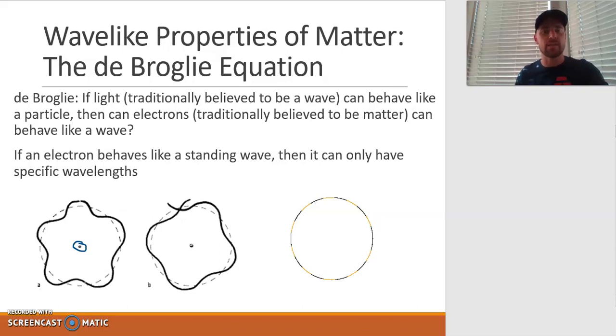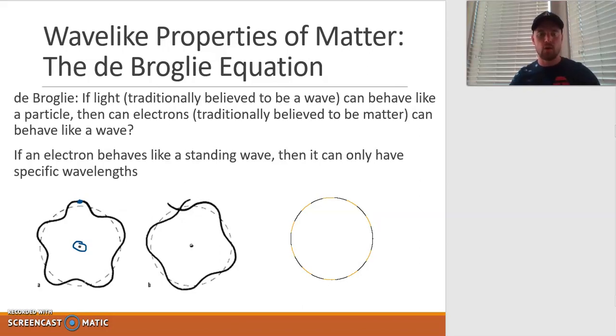But de Broglie postulates that no, the electron is not moving in a perfectly clean circle. Instead, the electron is actually moving in a wave as it goes around the nucleus. But the orbit had to be just the right size so that when the electron went all the way around, it would meet up where it started and complete the wave function, meaning it would be able to continue going through and through and through.